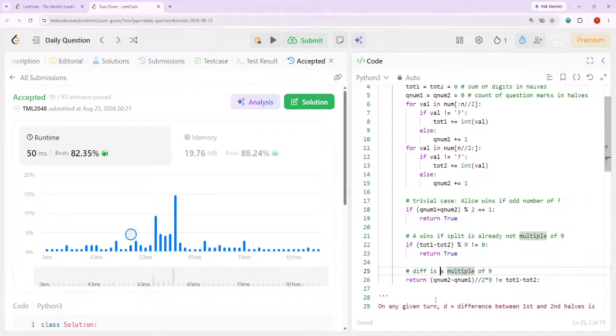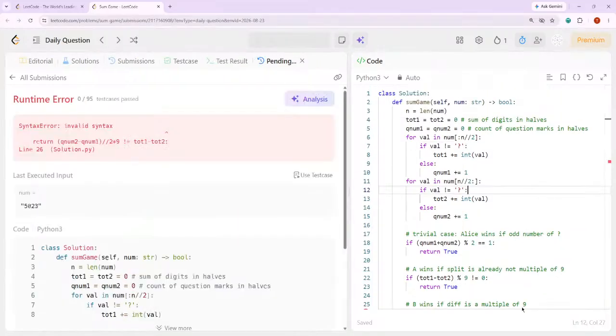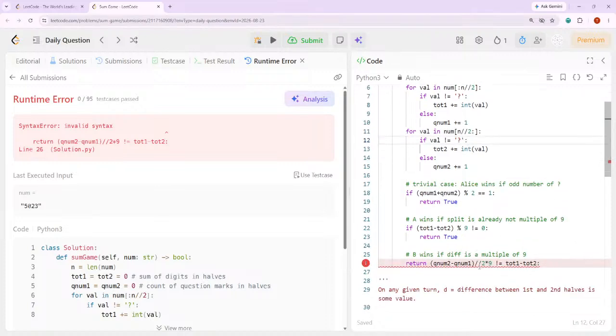So Alice Bob wins. Syntax. Return whether or not. Okay.